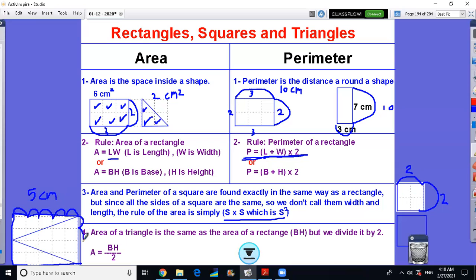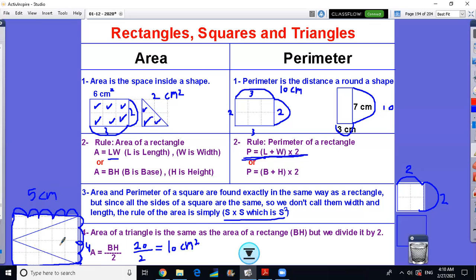It's 1, 2, 3, 4. 4 centimeters. Now find the area of the rectangle. It's 5 times 4, which is 20. Perfect. Divided by 2, which is going to be 10. So the area of this triangle is 10 centimeters squared.